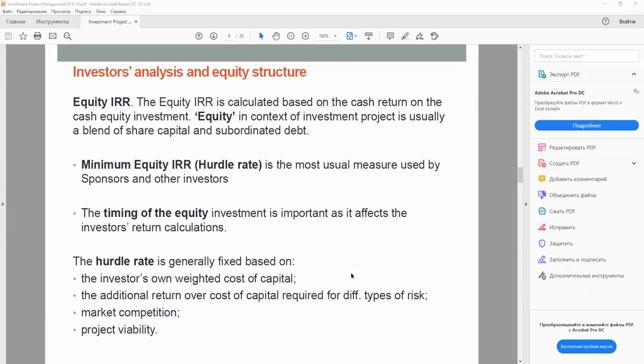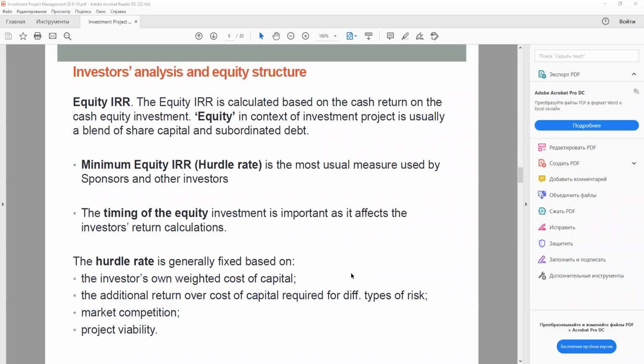So let us discuss the key performance indicators, the structure of the equity, and the investor analysis that can be employed. A minimum equity IRR is the most usual measure used by sponsors and other investors to determine whether a project investment is viable from their point of view.